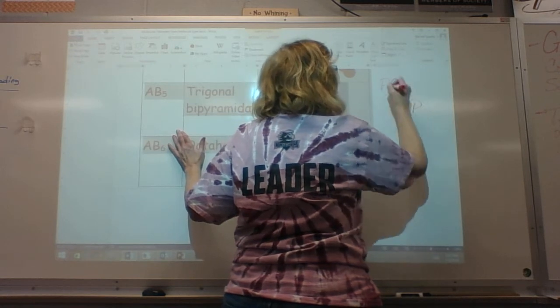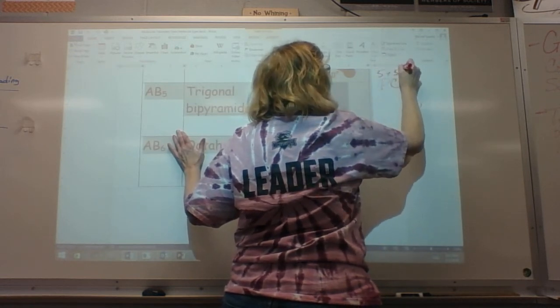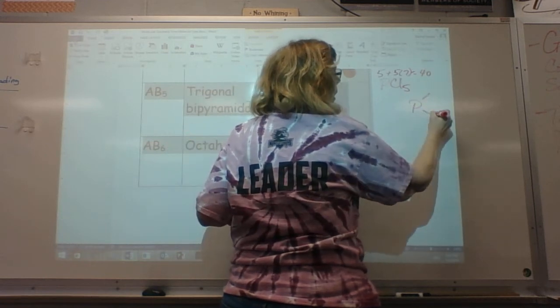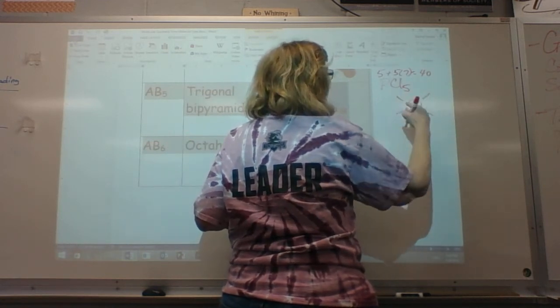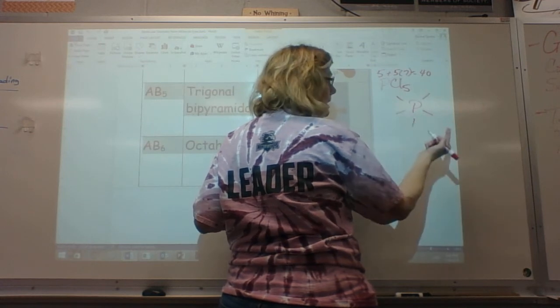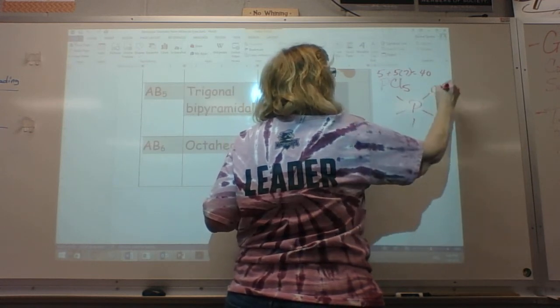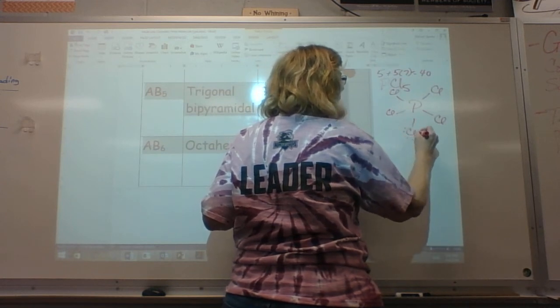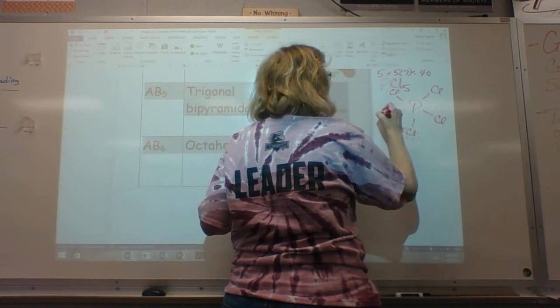So we put phosphorus, there's 5 plus 5 times 7. I get to draw 40 dots. For these, I like to draw lines to represent the shared pair. So 1, 2, 3, 4, 5. I've drawn 10 electrons so far. I'm going to octet each of my chlorines by putting 6 dots around it, because this represents 2.